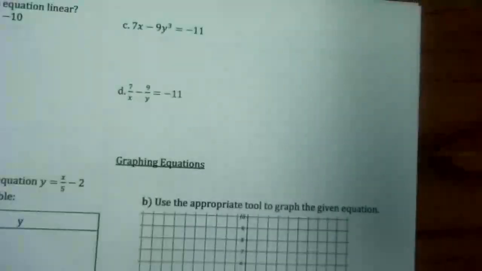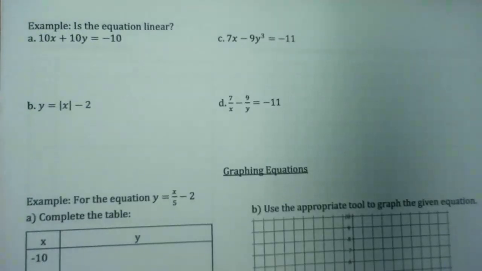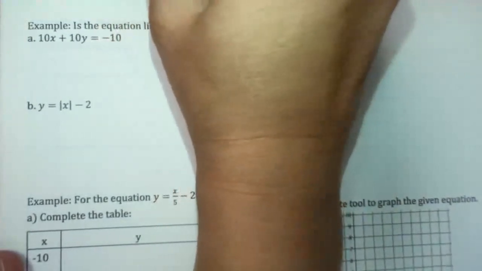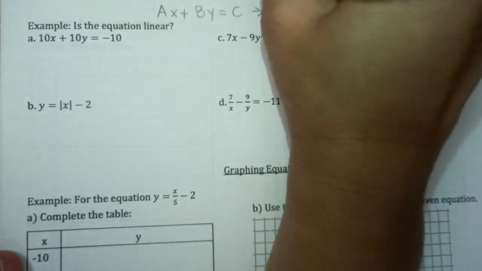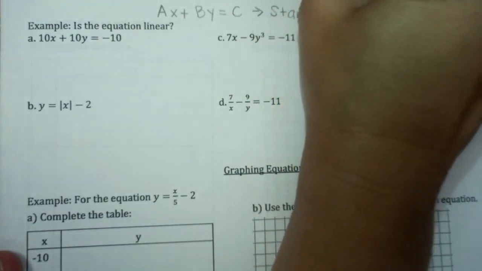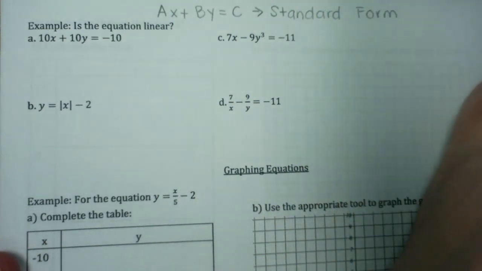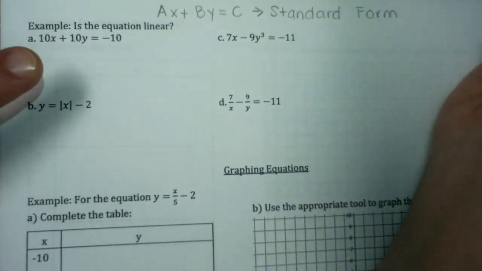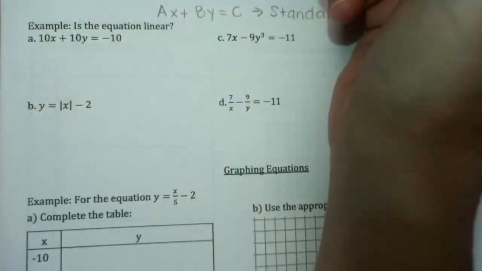So let's use this on the next page. In this example, is the equation linear? Can I write it in the form ax plus by equals c, which is our standard form? For example, A, 10x plus 10y equals negative 10. Looks pretty similar to ax plus by equals c, x to the first power, y to the first power, everything's good.